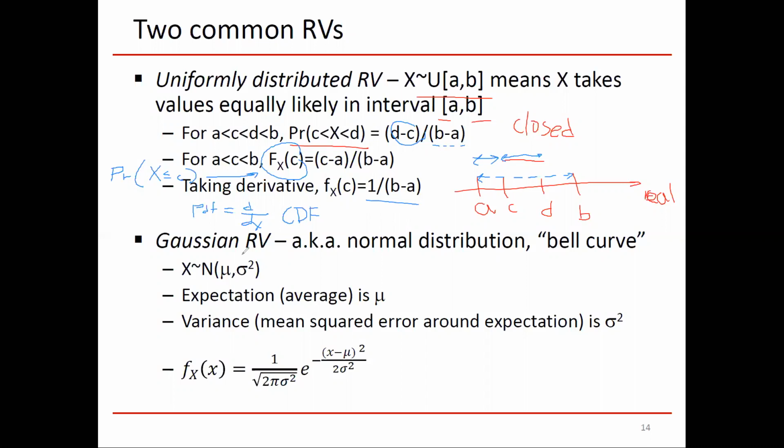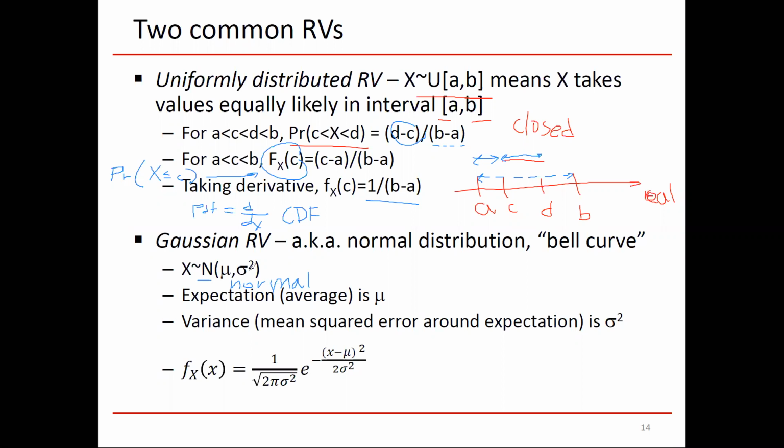The next example is a Gaussian random variable, the bell curve that we saw earlier. We denote X as obeying a normal distribution, N for normal. It's called Gaussian, it's called normal. There are different names for it. And it has parameters mu and sigma square. Mu is the expectation or average, and sigma square is the variance, which is the mean squared error around the expectation.